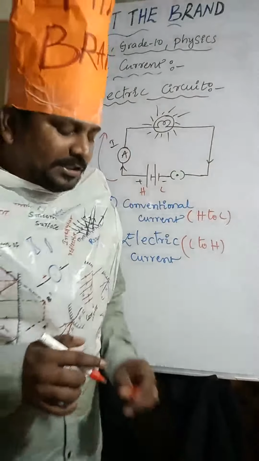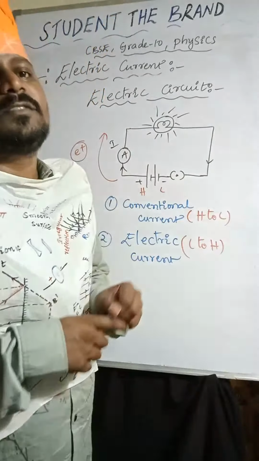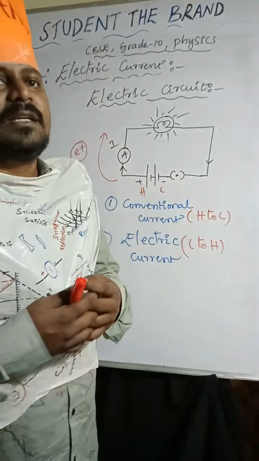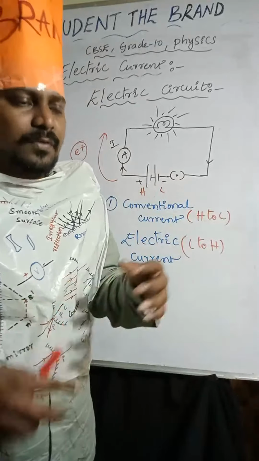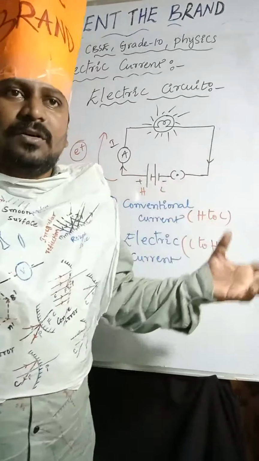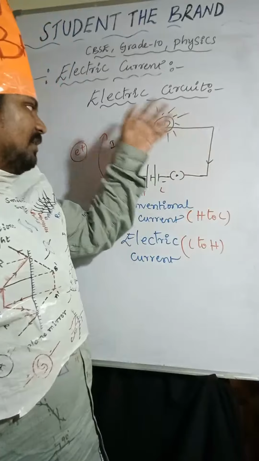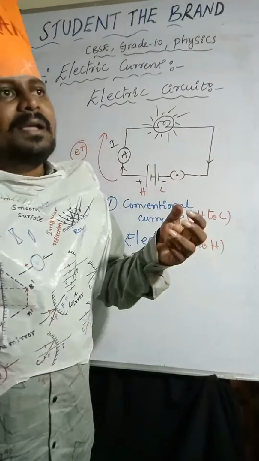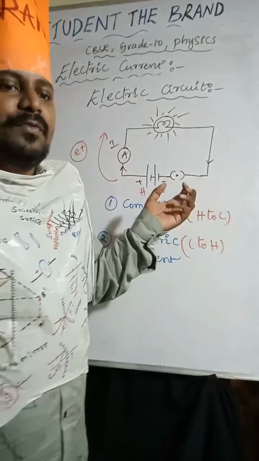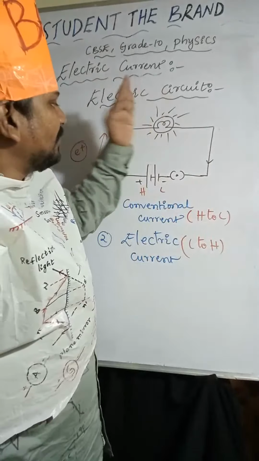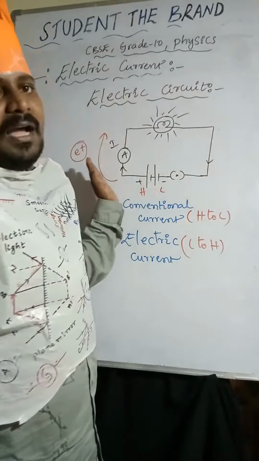There is one question related to this. Will electrons flow from positive terminal to negative terminal, or negative terminal to positive terminal? Will electrons flow from high potential to low potential, or low potential to high potential?